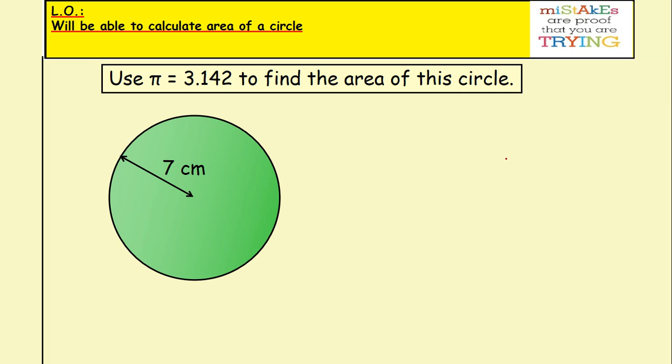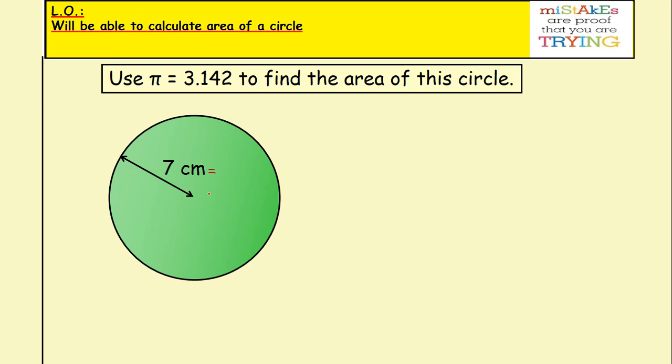Okay, so here, again just a reminder, pi is 3.142. And on the diagram, as you can see, a number is given. So the first thing to do is label this number on the diagram.